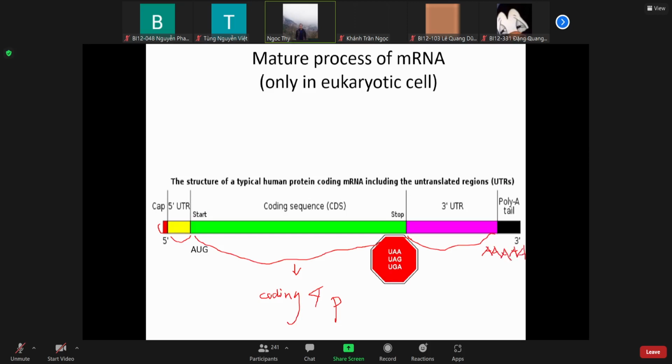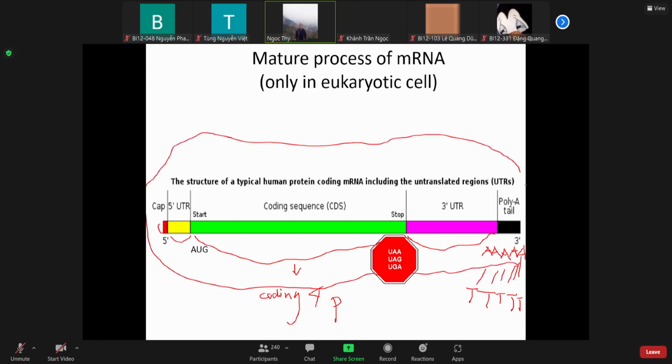In order to catch this mRNA to investigate, for example, a transcription level, scientists will design the oligo-T to bind with the poly-A tail to catch the mRNA. It's a structure formed during the process of the mRNA becoming mature.